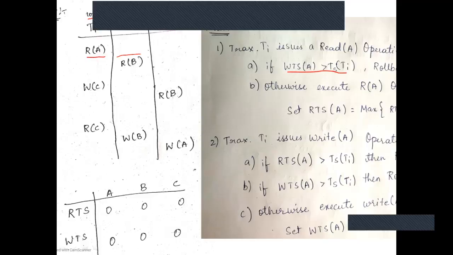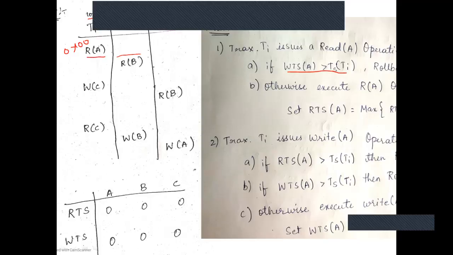So WTS of A is 0. Is 0 greater than 100? And 100 is nothing but TS of T1. Is it greater than 100? No, this condition is not satisfied.